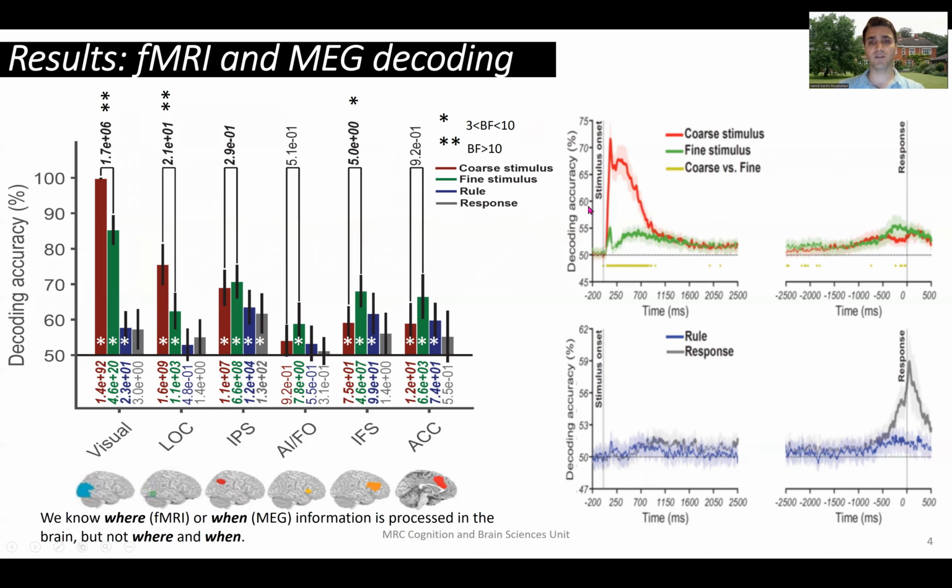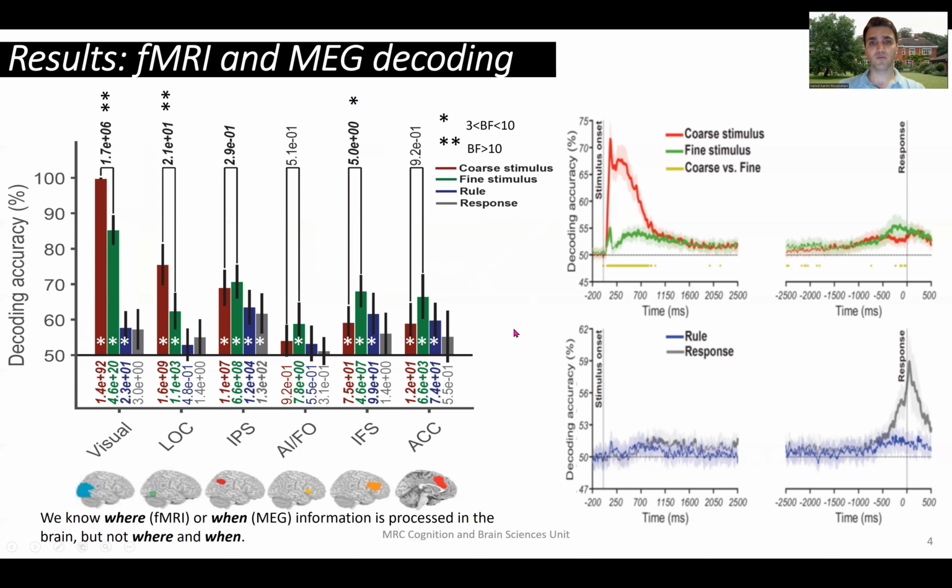Although these 2 separate modalities are informative about where and when information is processed in the brain, they cannot provide information about when and where information is processed in the brain together.